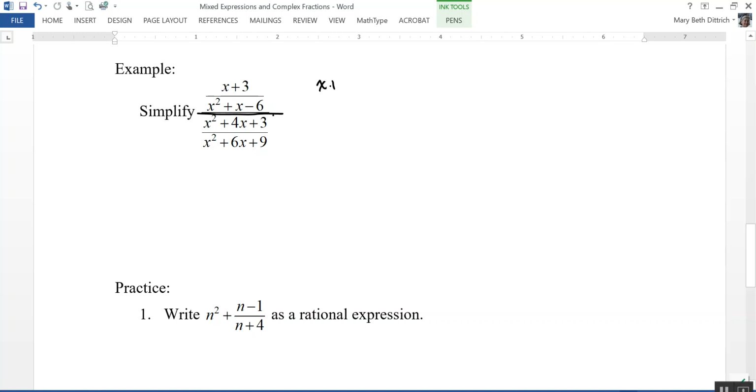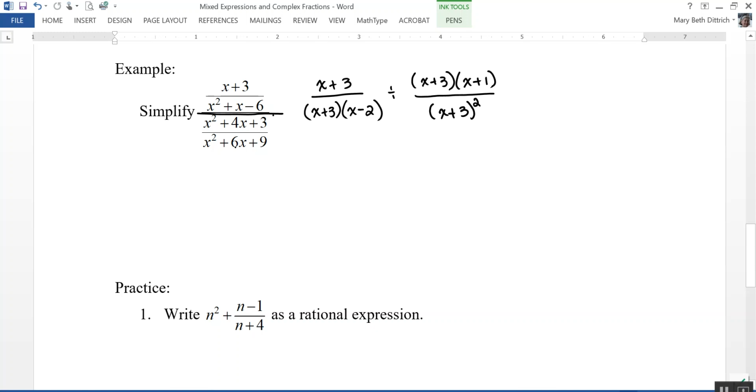So I have x plus 3 over, and this is going to factor into x plus 3 times x minus 2. And that's going to be divided by x plus 3 times x plus 1 over, and that's going to factor into x plus 3 squared, because that's a perfect square trinomial.